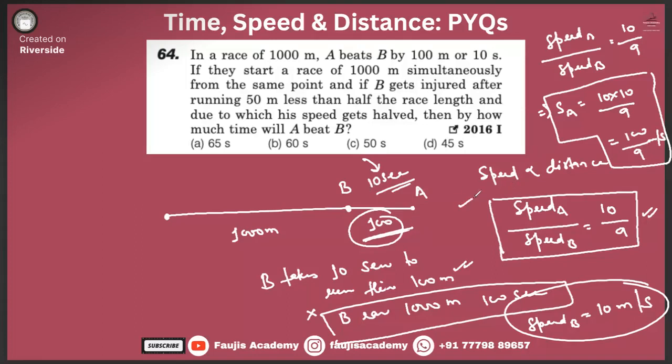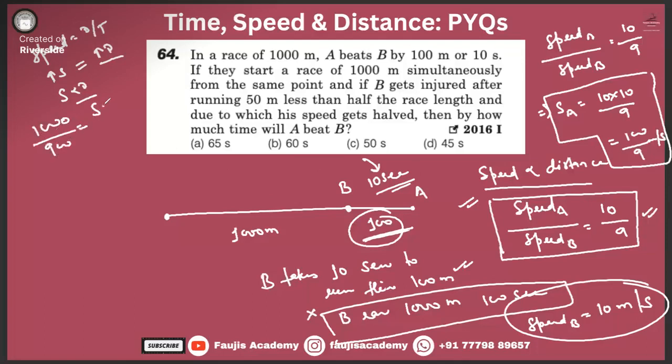And speed of A by speed of B, we found out, the ratio is 10 by 9. Speed is equal to distance by time. The more the speed, the more the distance, right? That means speed and distance are directly proportional. So if A ran 1000 meters, B ran only 900 meters.